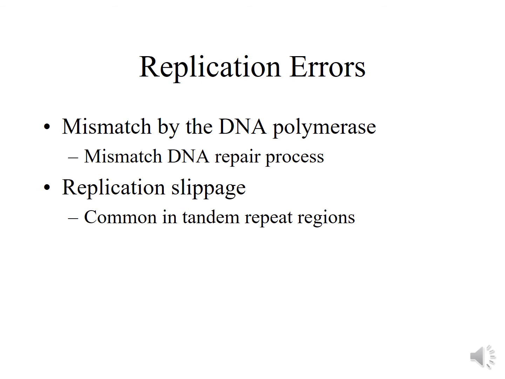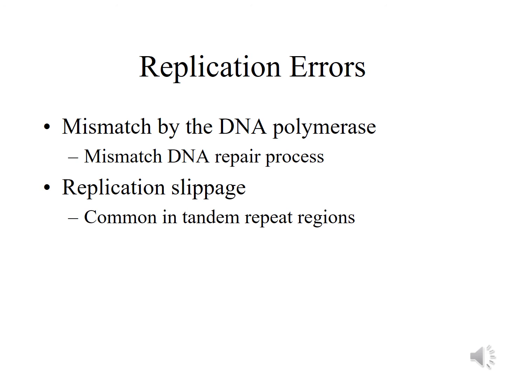If, by error, the wrong base is inserted, the 3' to 5' exonuclease is activated and degrades the newly synthesized DNA strand from the 3' end. Then the DNA polymerase resumes synthesis again following insertion of the correct base.